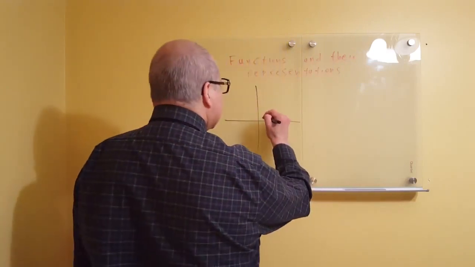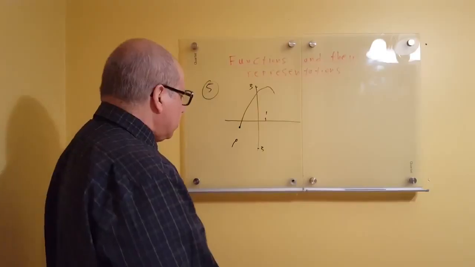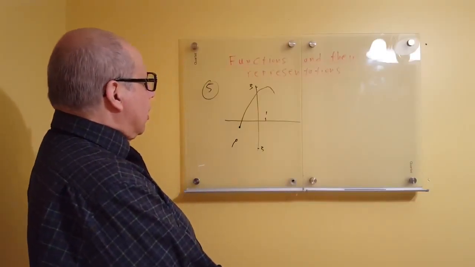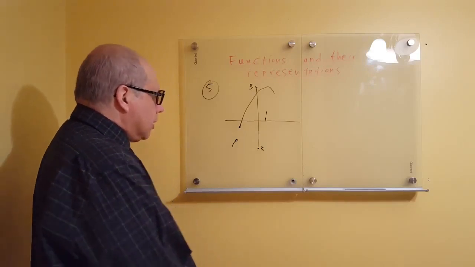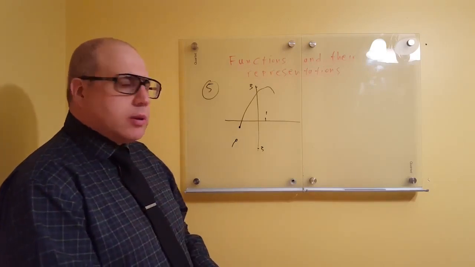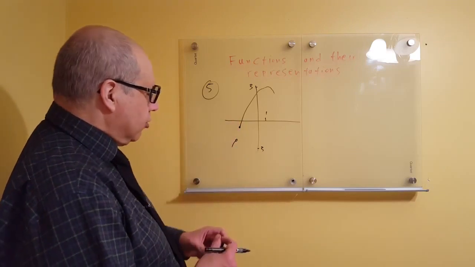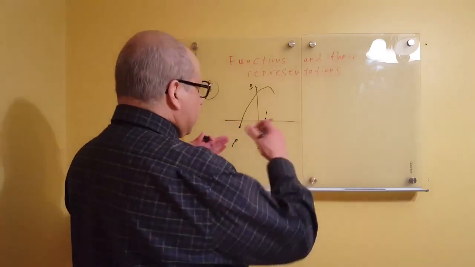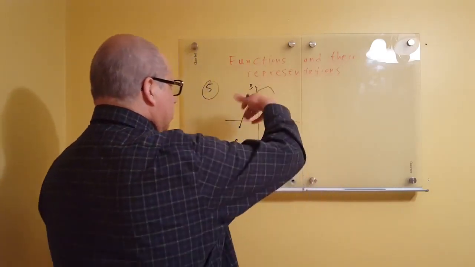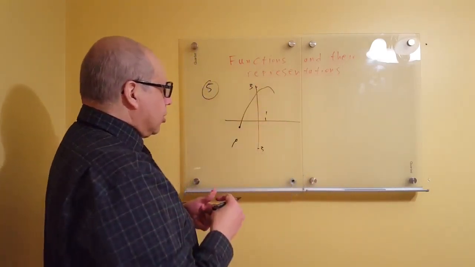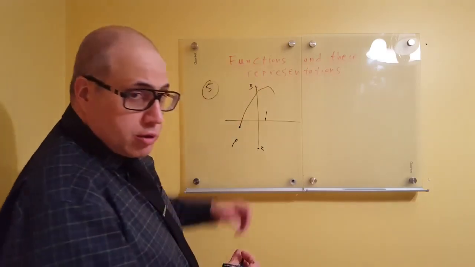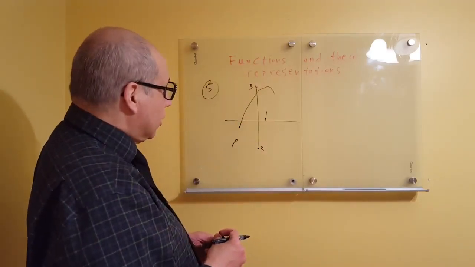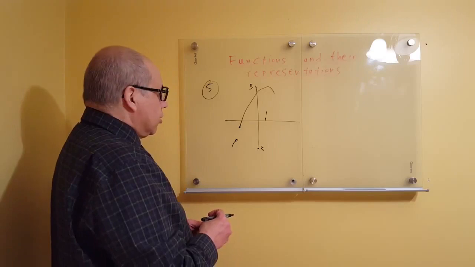So first of all, is this a function? Yeah, this is a function, because if you do the vertical line test, of course there is no point here where a vertical line intersects the graph in more than one point.